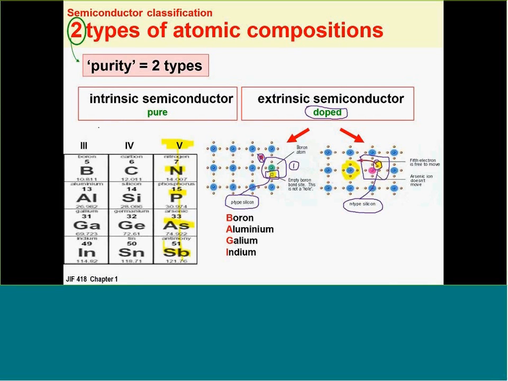Second, it must give holes or give electrons. Depends. If you would like to have more majority electrons, N-type, you choose group 5. If you would like to have holes as the majority carriers, you choose group 3.